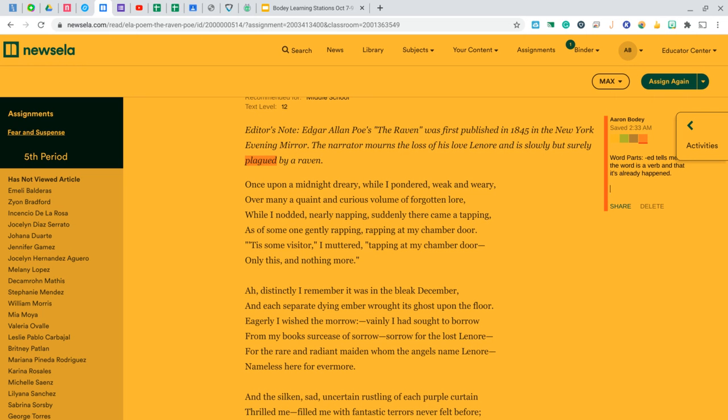Then the only other option to look at here is inferencing. I can see that he's mourning the loss of his love, and then slowly but surely plagued by a raven. So my guess is that a raven is coming in and bothering him or creeping up on him.